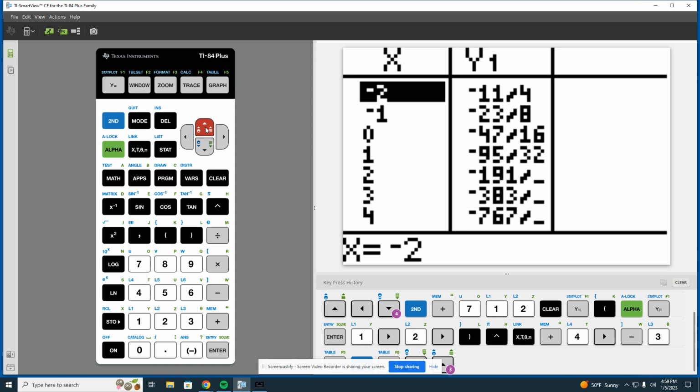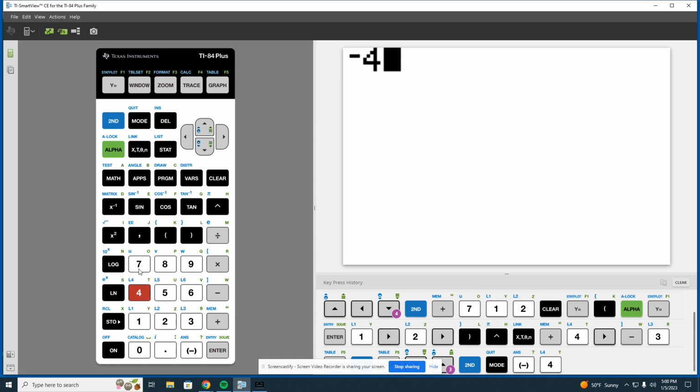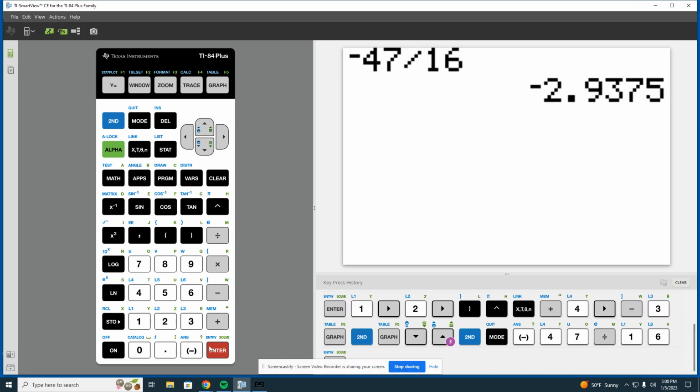But as you can see here, your y-intercept is 0, obviously. And then it's negative 47 over 16. Negative 47 over 16 is negative 2.9375. See how close that is to negative 3? Doesn't quite get there, but it's pretty close.